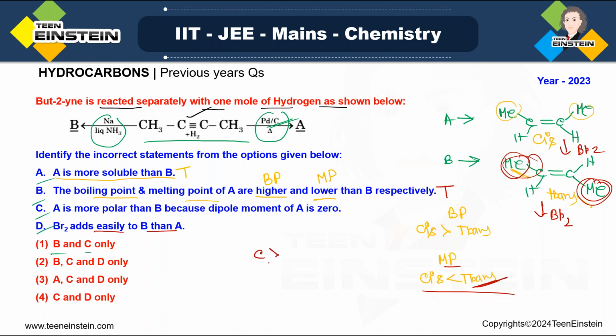So cis is more reactive than trans because of its higher energy, and its reactivity towards bromine will also be high. So the statement that bromine adds easily to B, which is trans, while A is cis, is not correct. It will be the reverse, easily to A than B. So C and D, these two options, are incorrect among A, B, C, D.